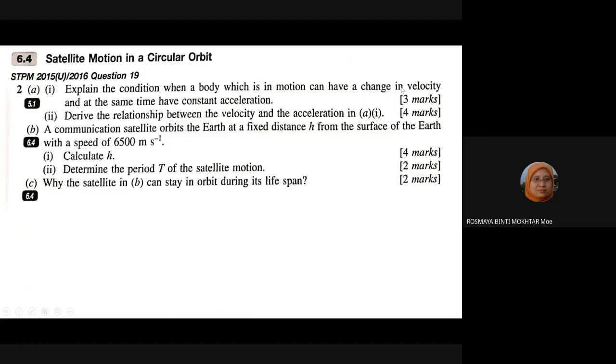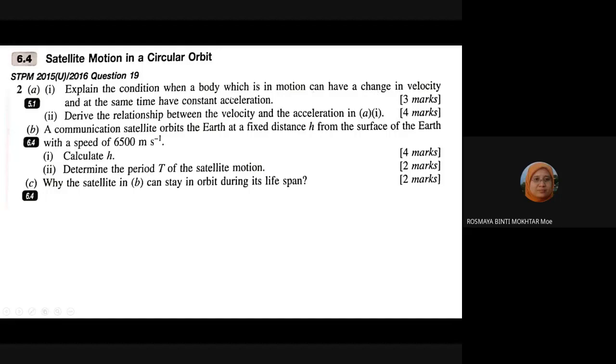In circular motion, it has a change in velocity because the velocity always changes direction. Same magnitude but different direction is also considered as change in velocity.